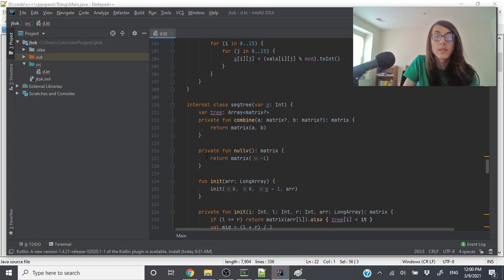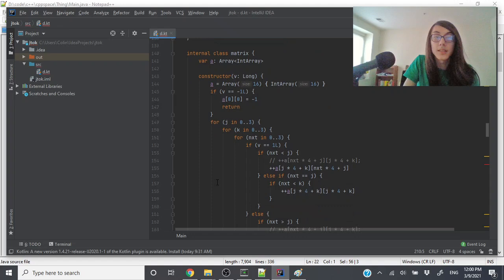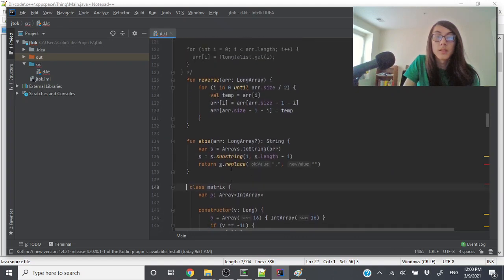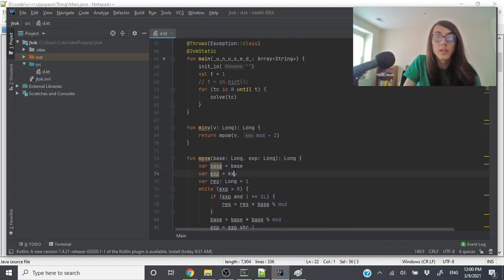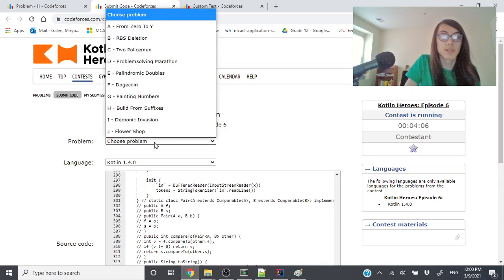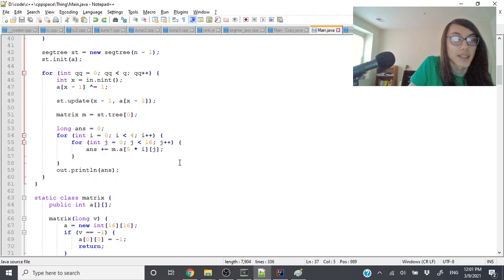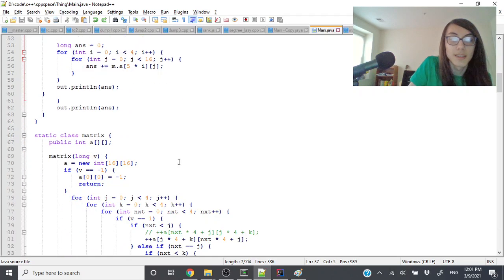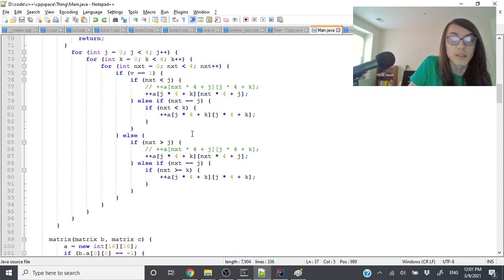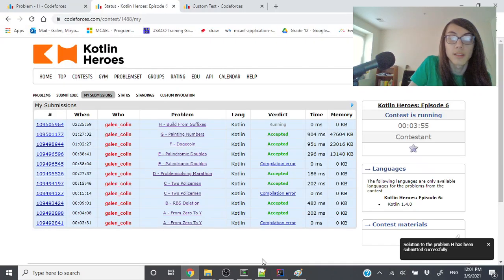I don't know what caused that to break though. It's kind of weird that that did break. If it gets TLE, we'll optimize as much as we can. So this part should be fine. It's run once.